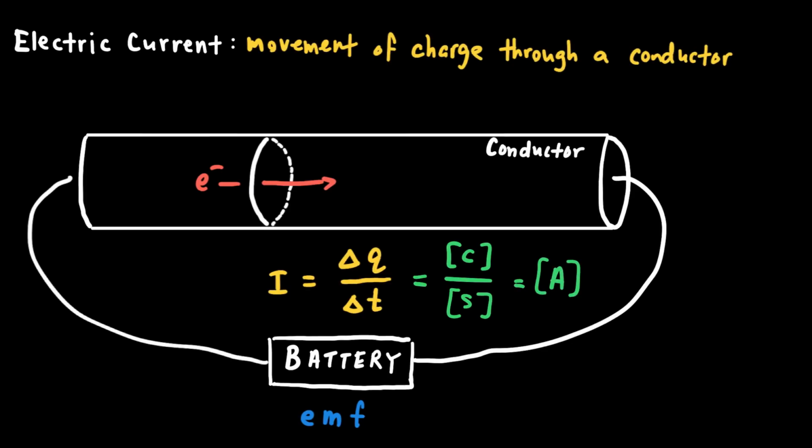A capital letter A will be used to represent amps, which is the unit for current. Just for reference, a current of even 1 amp or 2 amps is actually quite significant. In most circuits, we'll be dealing with currents that are much lower and much safer, as currents of 1 amp or 2 amps are quite dangerous. We'll be working with things that are on the order of milliamps most of the time.